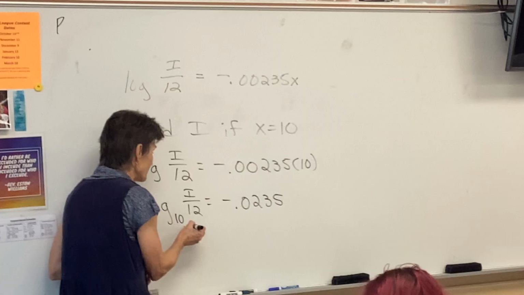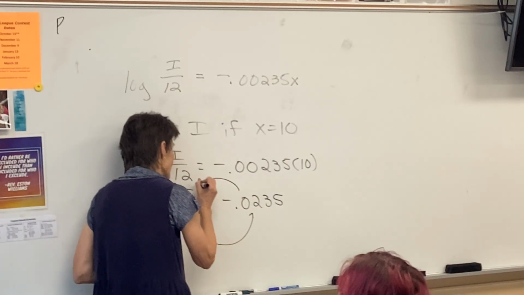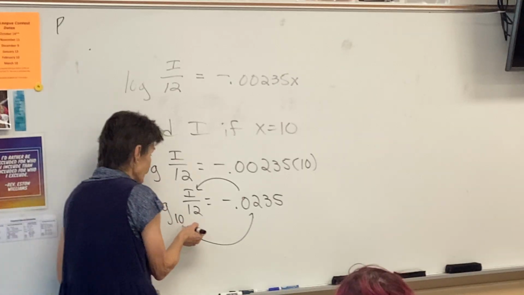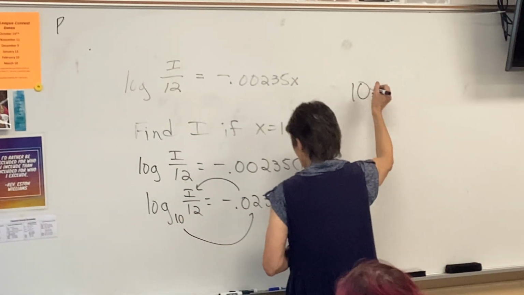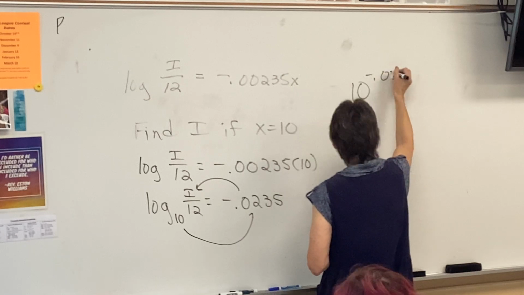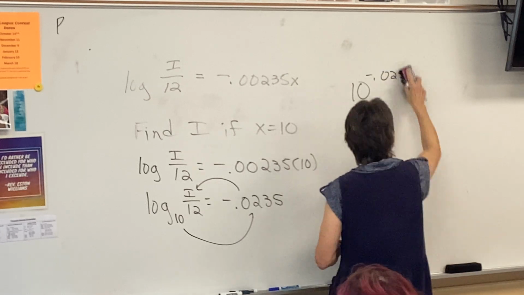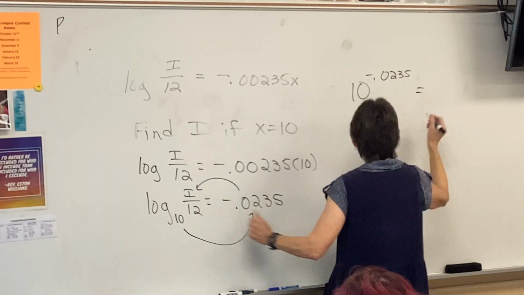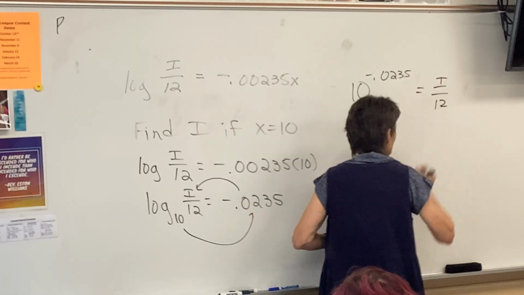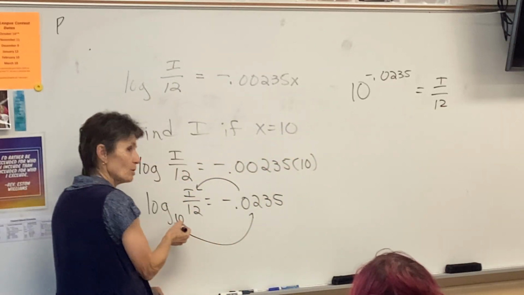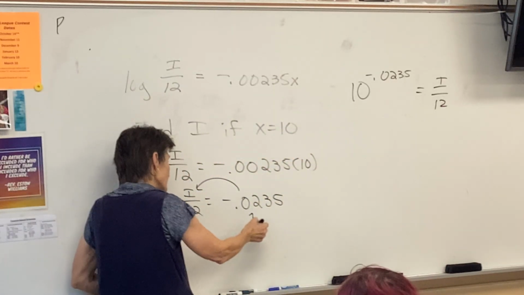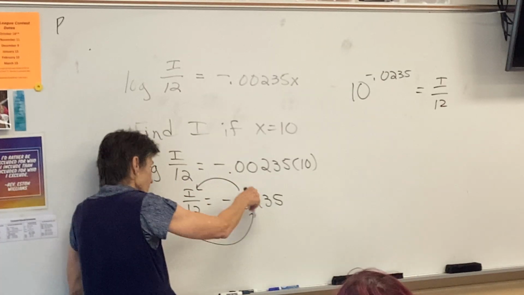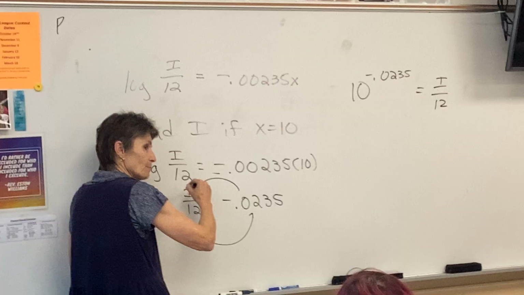So when I loop-de-loo, remember how that works, that's a critical piece of stuff for you to know. I'm gonna write 10 to the negative 0.0235 power. And that is gonna equal I over 12. So always start with your base. And to this number equals this number. That loop-de-loo motion. Okay?